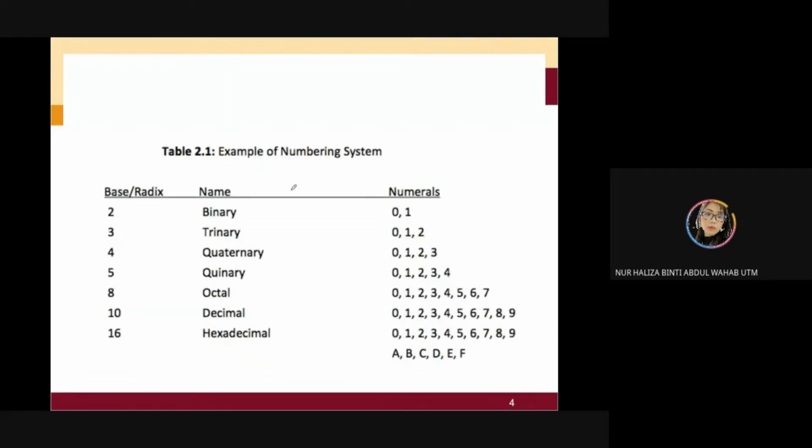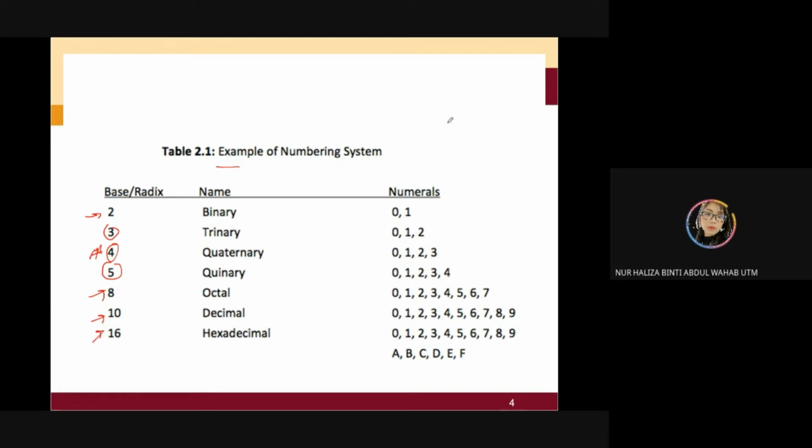So here is the example. You're going to see trinary, which is base 3, that we rarely use, similar to quinary. In digital logic and also your mathematics, normally we will use binary, octal, decimal, and hexadecimal.